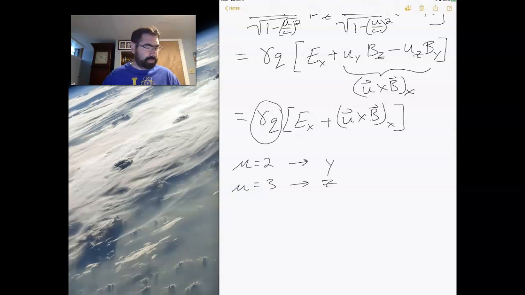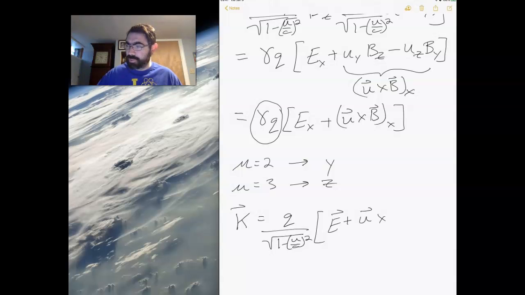That gives us everything we need. Essentially, we could write the three as a three-component vector. The Minkowski force is Q over the square root of 1 minus u over c quantity squared, times the electric field plus the velocity crossed into the magnetic field.